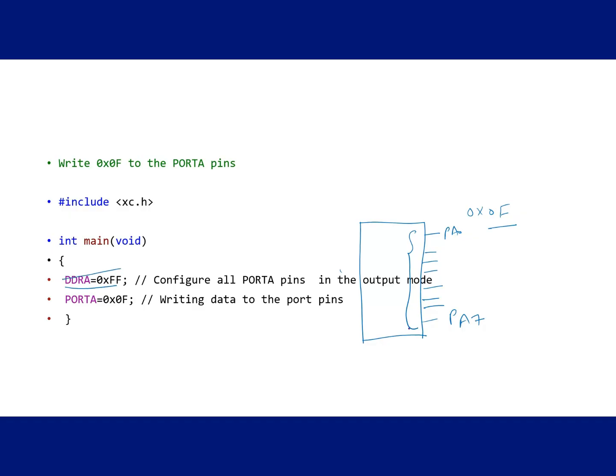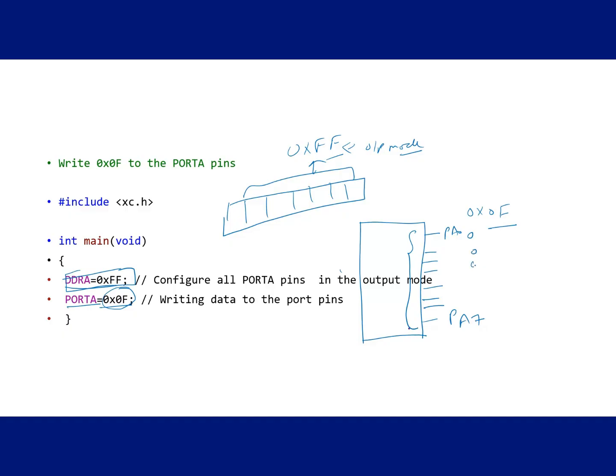So we have to write DDRA is equal to 0xFF, to configure pins in output mode. Now we have to load data into the port A register. So PORTA is equal to 0x0F. After execution of this statement, all the pins will have the value 0 0 0 0 1 1 1 1.